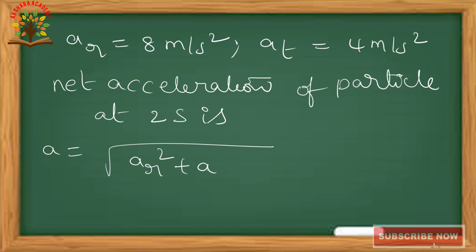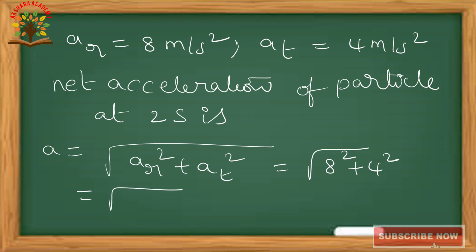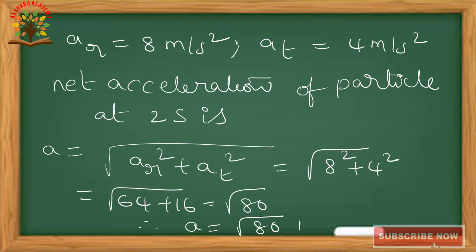Substituting the values, AR is 8, so 8 square, and AT is 4, so 4 square. So that is equal to root of 64 plus 16, that is root of 80. So A is equal to root 80 meters per second square. This is the final answer.